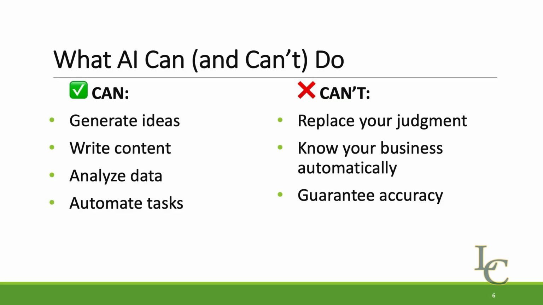So what are some of the things it can do and some of the things it could not do, right? So it can generate ideas. Tomorrow I'm recording a podcast, and the first thing I did is I went into my AI and I said, we want to do a podcast on badging at Laredo College.